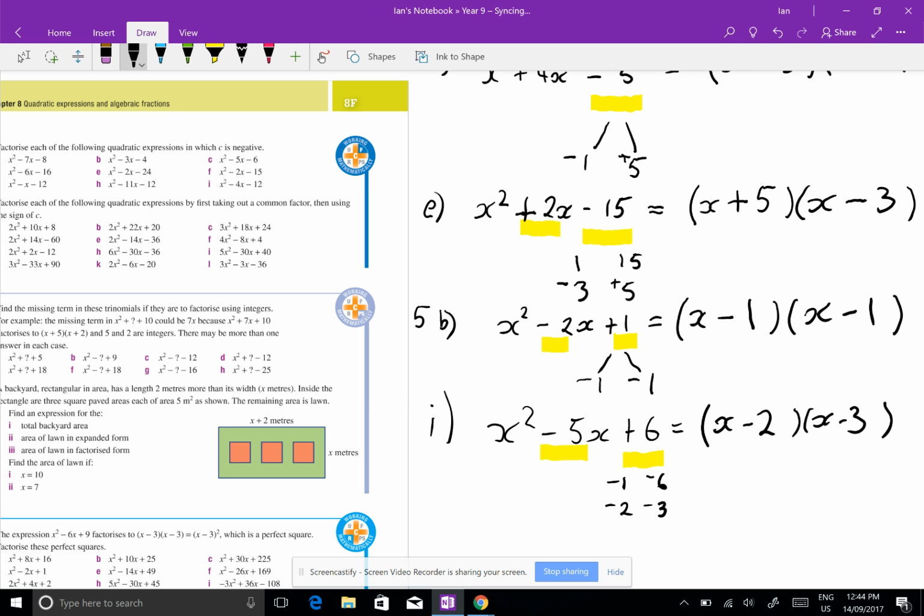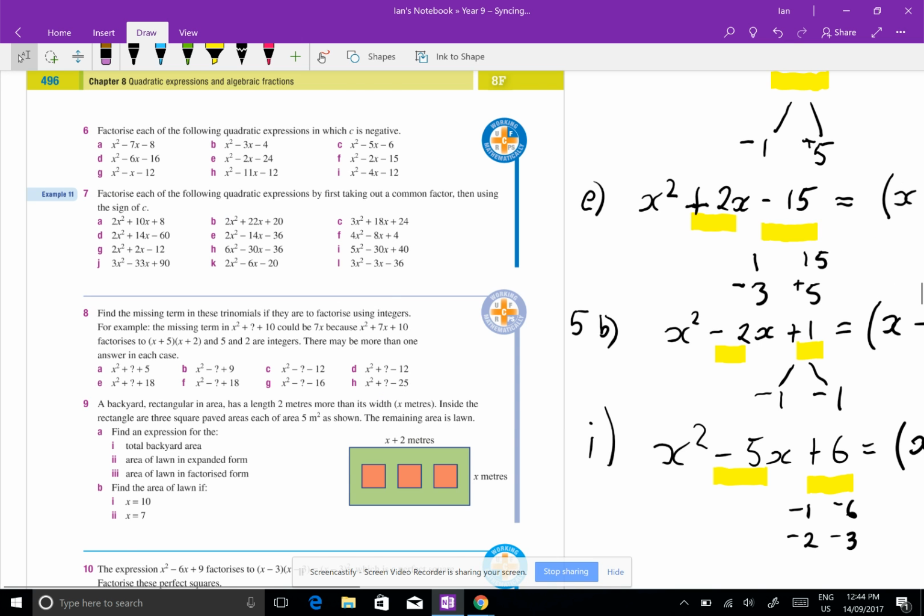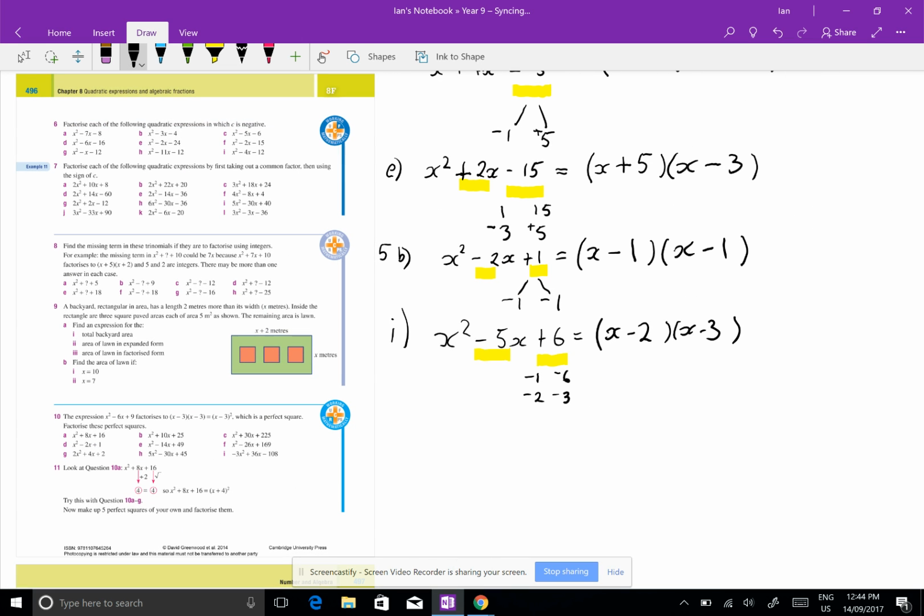The last type that I want you to be able to do, and I know that I put down question 7, but if you can get through to question 6, that'll be fine. What happens in 6b when I have x squared minus 3x minus 4?